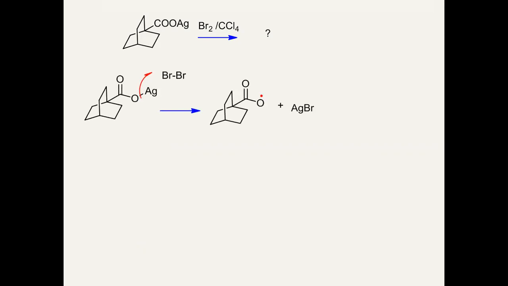So what will happen in this reaction? First of all, this O-Ag bond undergoes homolysis. Ag dot and Br dot will form AgBr, and one dot would be here and one dot with Br.